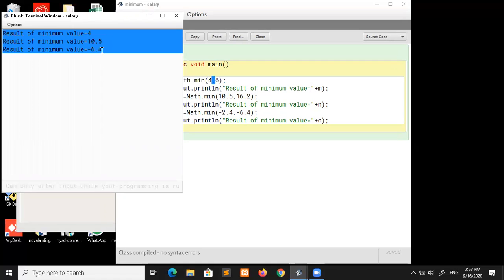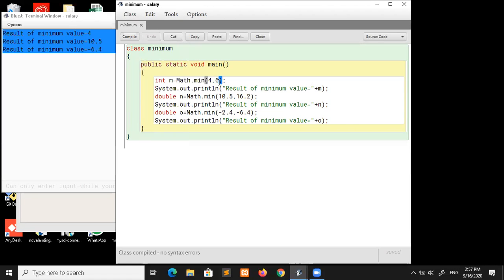Okay, clear with this concept? So what is happening, girls, is that this function is returning the minimum of the two numbers, and the return value depends upon the value of the argument of the function. So this 4 is the argument, 6 is the argument. Here the argument is in the integer format, here in this case the argument is in the double format.